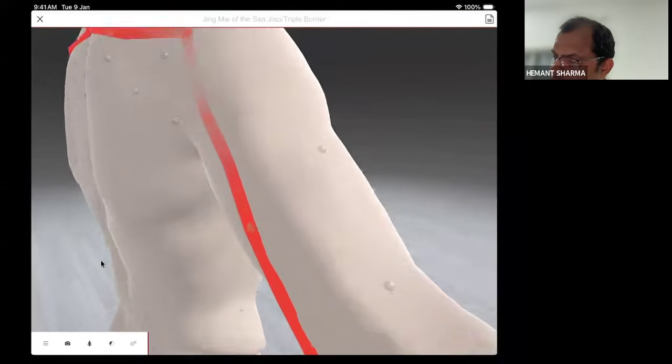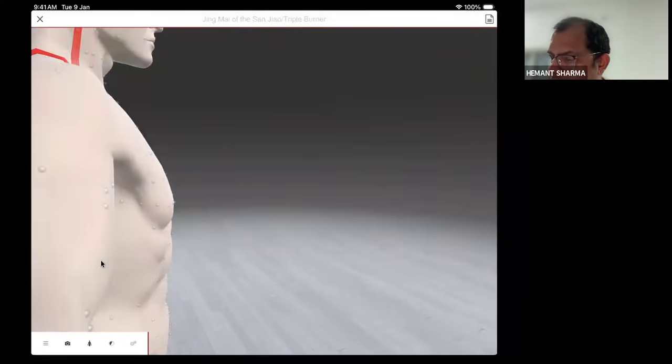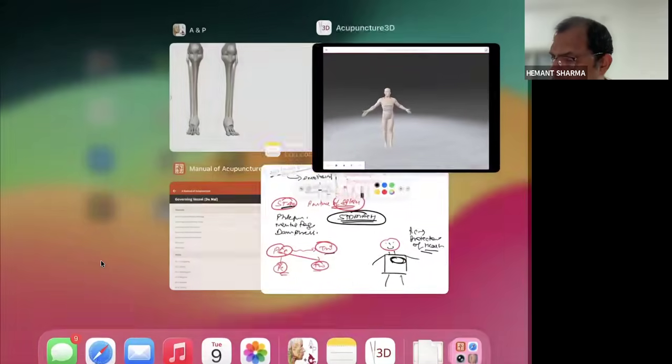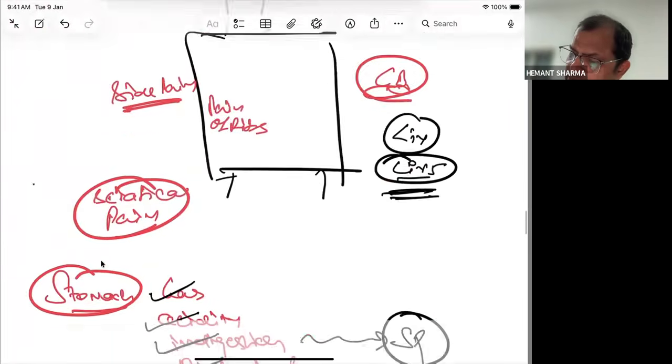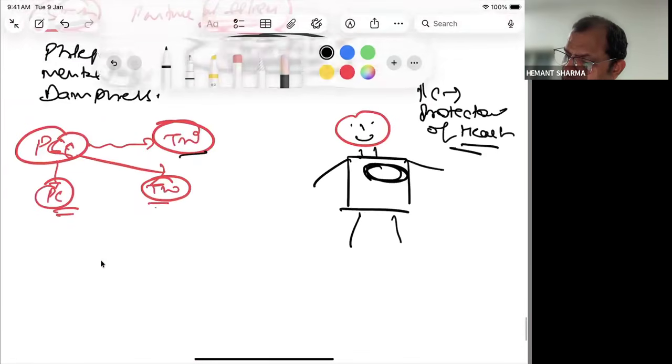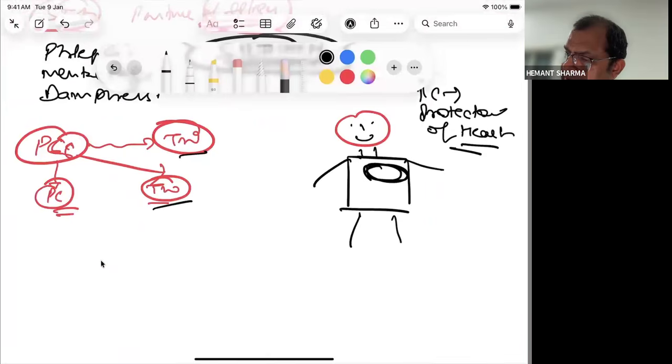If there is a shoulder pain in the route of the triple warmer meridian, we can treat the triple warmer meridian with the help of Pericardium 6. Because Pericardium 6 is working on triple warmer. So pain in the route of the triple warmer. अगर ट्रिपल वार्मर के रास्ते में कहीं भी दर्द होता है तो पेरिकार्डियम उस पर वर्क करेगा.